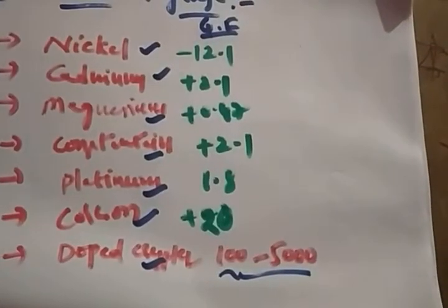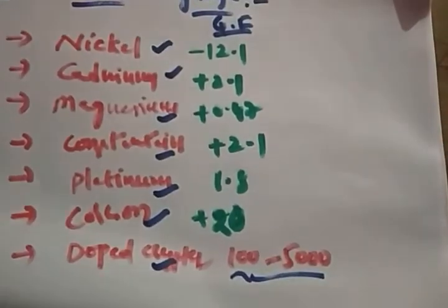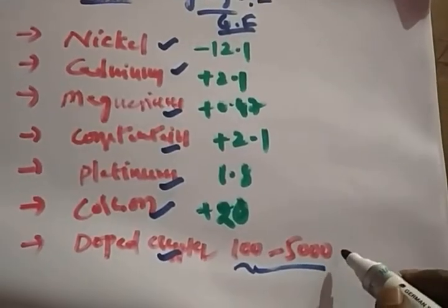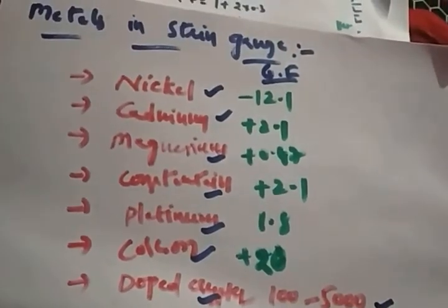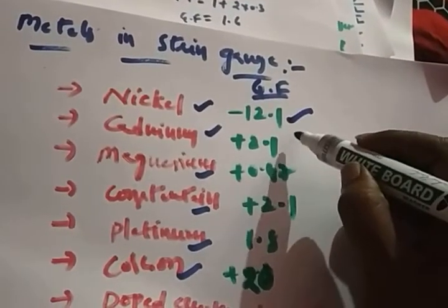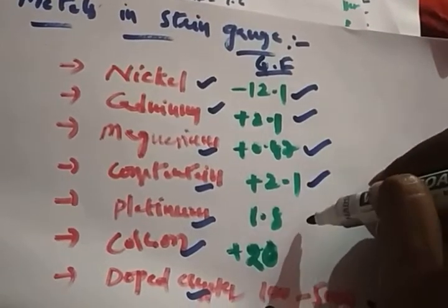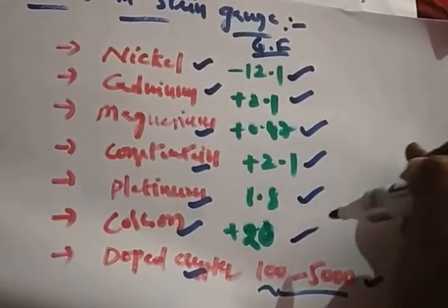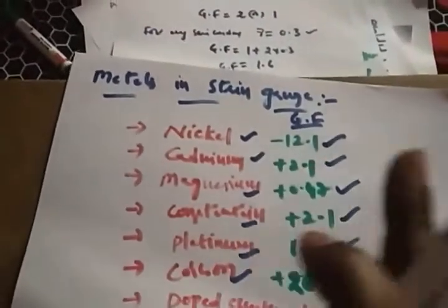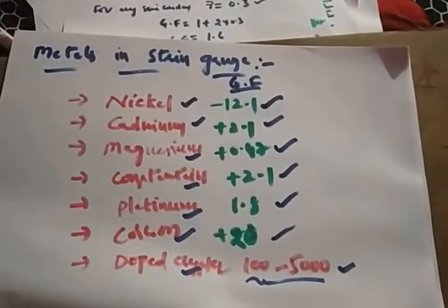If you use a doped crystal material, that sensitivity value will be 100 to 5000, so this is a very high gauge factor. Nickel has minus 12.1, cadmium plus 2.1, magnesium 0.47, platinum 1.8, and carbon 20. So these are the various metals that are used in strain gauges.